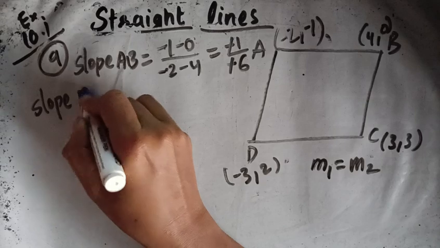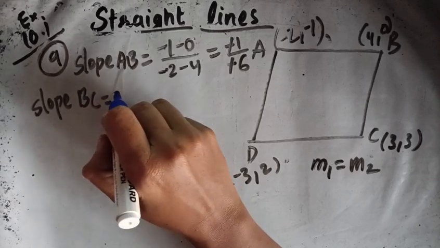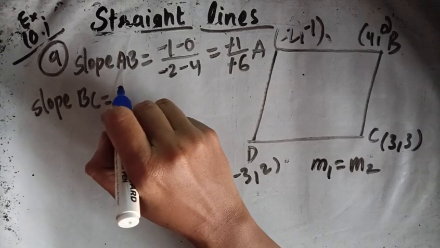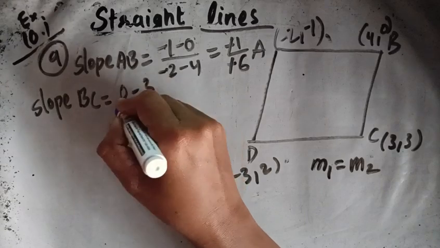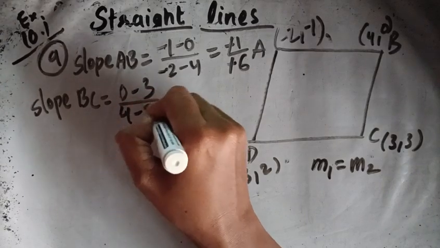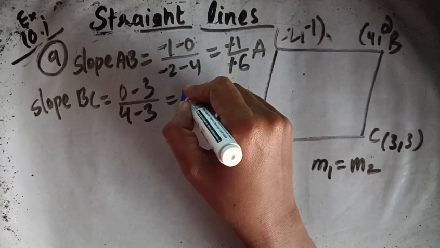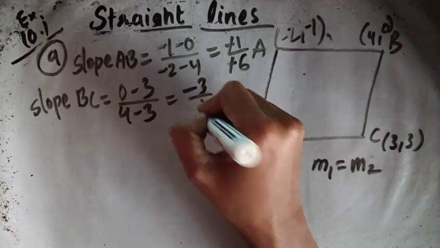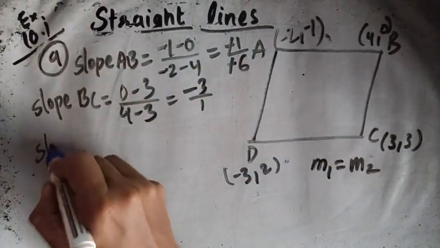Slope BC: 0 minus 3 upon 4 minus 3. So minus 3 upon 1, minus 3.